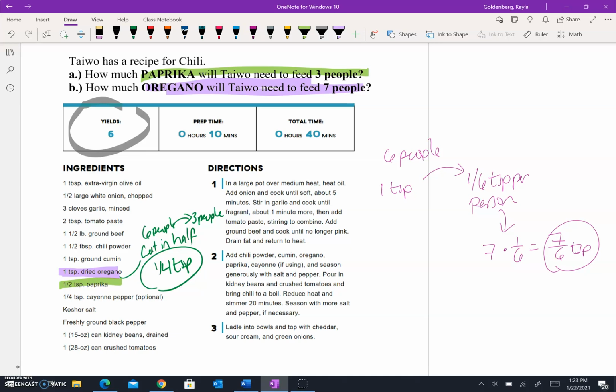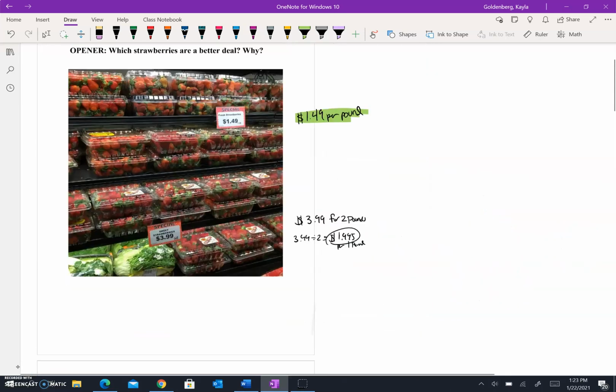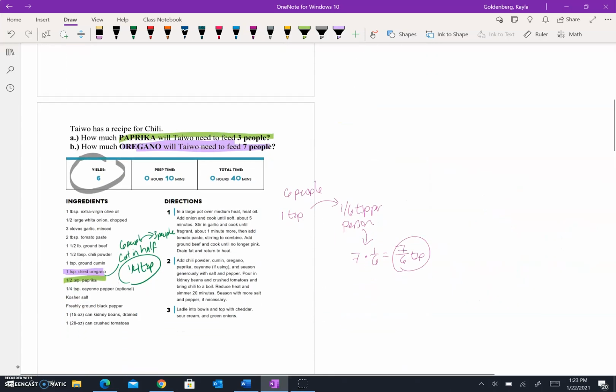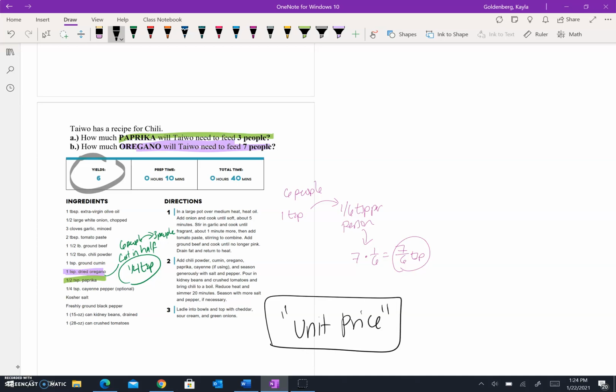Something that we've been doing in both of these examples is finding what's called a unit price. A unit price is something that people often use if you're comparing what thing is the cheapest. You find out how much per person or per pound.